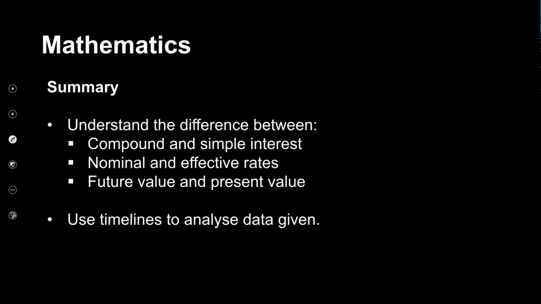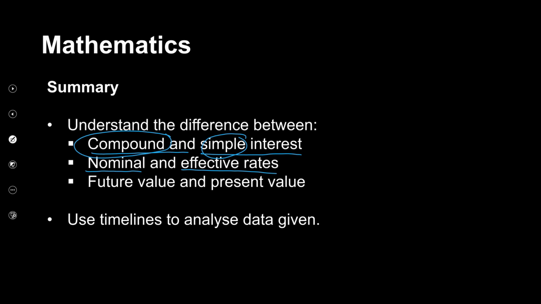Now, to summarize what we've been looking at, you need to please understand the difference between compound and simple interest. We know they normally say compound interest is interest on interest, while simple interest is just a constant interest for the duration of your investment. We also have what we call the nominal and the effective interest rate.